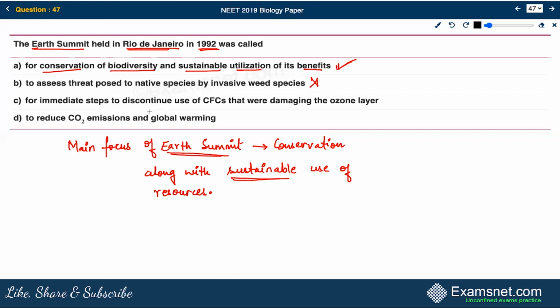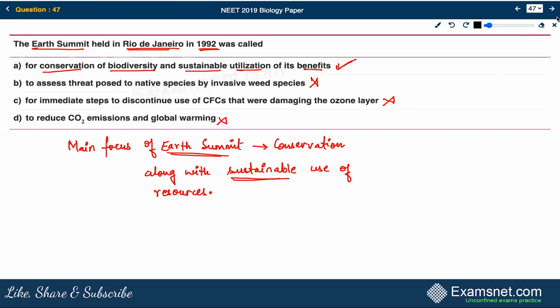For immediate steps to discontinue use of chlorofluorocarbons, the use of chlorofluorocarbon has been related with the Montreal Protocol, but not with this Earth Summit. So definitely this is not the correct answer. And to reduce carbon dioxide emissions and global warming, again, this is also not the correct answer. So that's why option A is the correct answer.